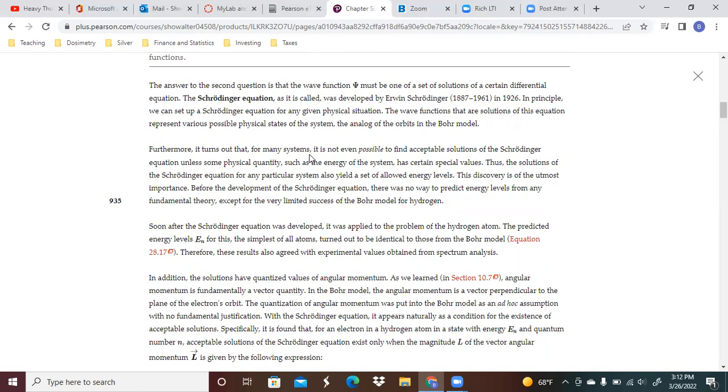In principle, we can set up a Schrodinger equation for any given physical situation. The wave functions that are solutions of this equation represent various possible physical states of the system, which are the analog of the orbits in the Bohr model.